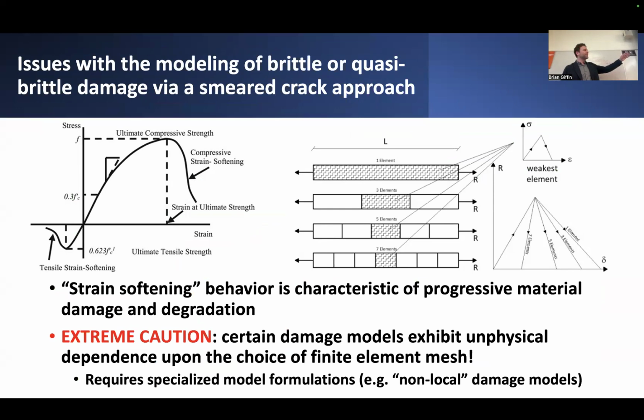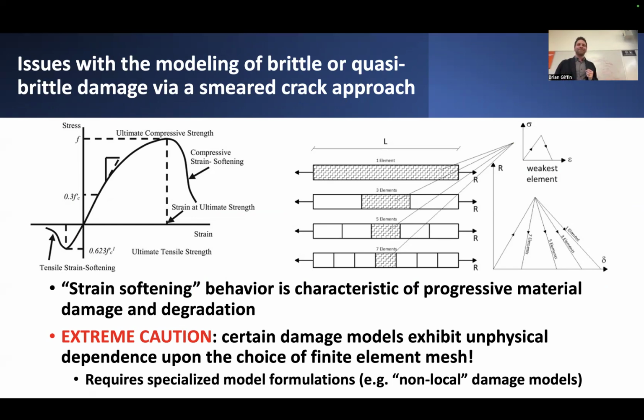So if I chose to discretize this uniaxial bar example from before with one element or three elements or 5 or 7, and I tried to use a continuum damage modeling approach, what I'd find is that obviously, depending on how many elements I'm using, the weakest element in this chain of elements is the one that's actually going to experience this localized fracture. And unfortunately, you might say, well, it's converging, right? It's converging to there being this kind of localized zone in which fracture will occur.